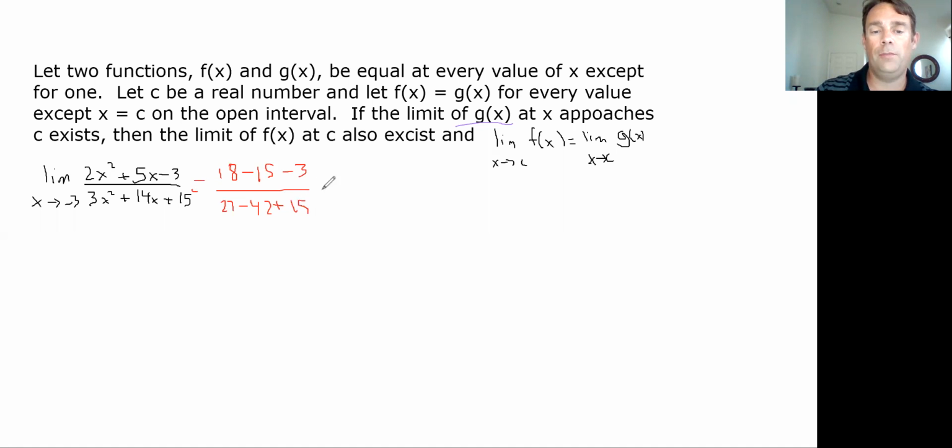Because if this ends up not being 0 over 0, then there's no sense going. I might actually get the answer. So we always check. Okay, so this is indeterminate. So once I know that's indeterminate, now I move on to the next part. Now I can go ahead and start factoring out.